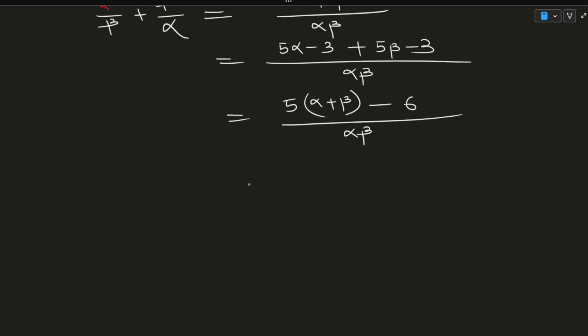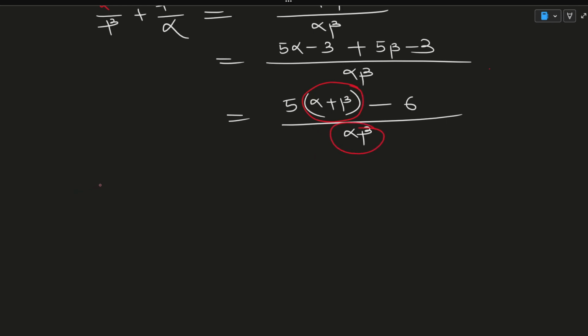So right now we need these two values, alpha plus beta and alpha beta.